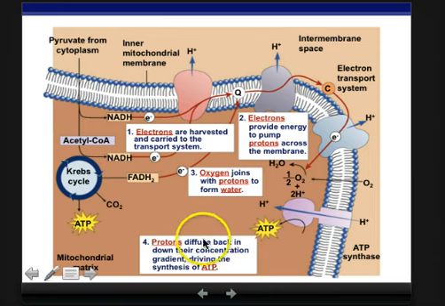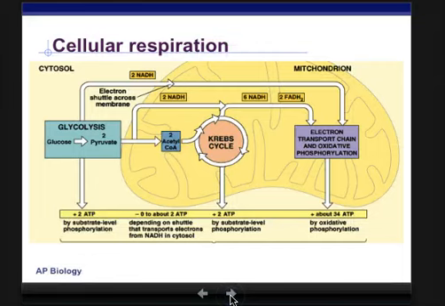Okay, and then protons diffuse back down the concentration gradient, driving the synthesis of ATP. Good so far? Okay. All right, and then we produce massive amounts of ATP. So let's look at it all together.